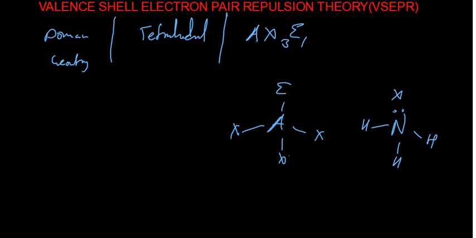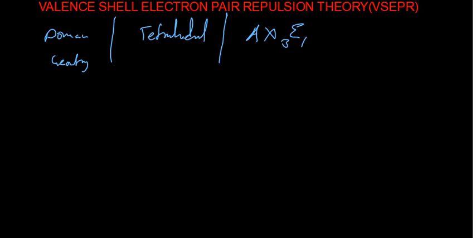So there will be a much greater repulsion here, and the bonds will be pushed more down. Instead of the angle being 109.5, the angle will be reduced further. So the molecular geometry won't be a tetrahedral shape. It will be a trigonal pyramid.